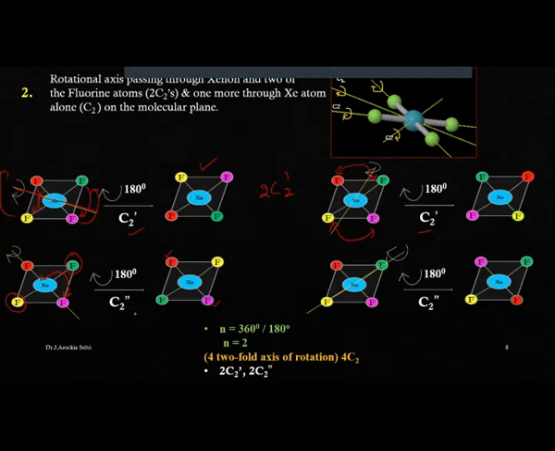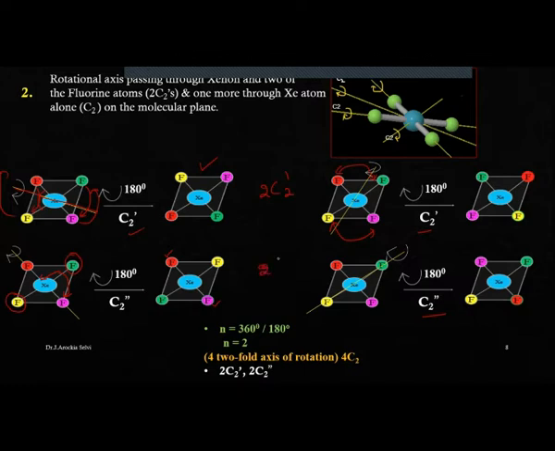The rotational axis is passing through three atoms in the plane. Similarly, there is a set of corner atoms and one more set of corner atoms through which the rotational axis passes. So we have another C2 double prime.